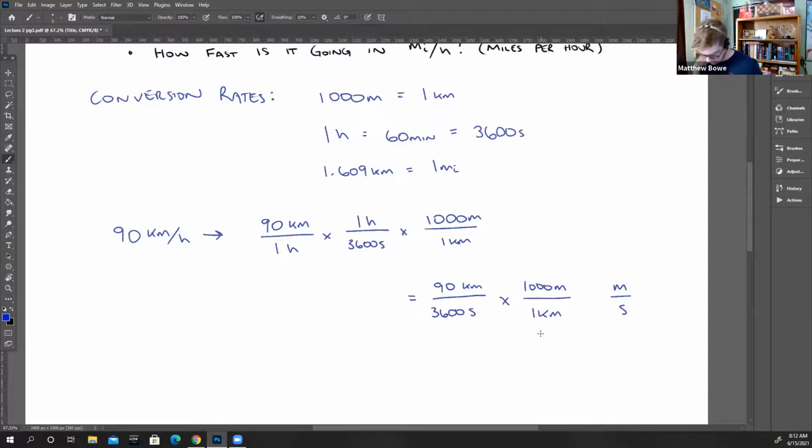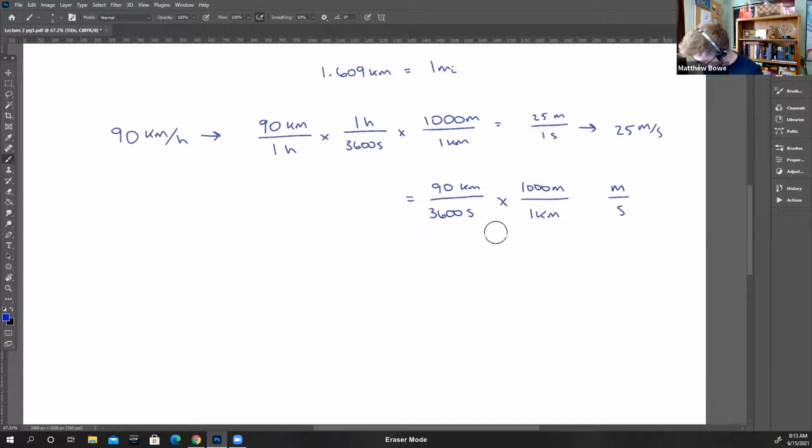And the answer ends up being, I believe, 25 meters per second, which, in the form I'm writing right here, would be 25 meters in 1 second. And that is just written as 25 meters per second. All right.